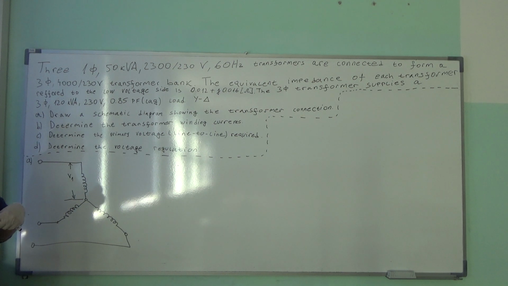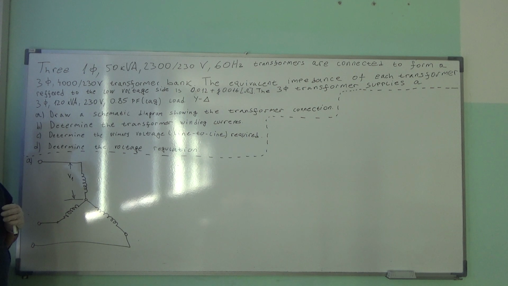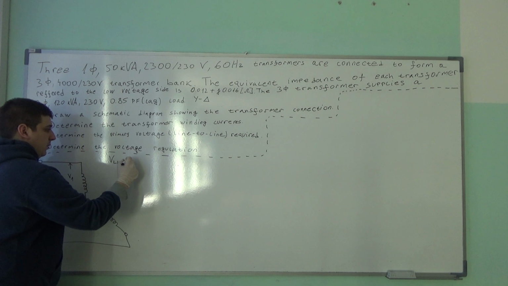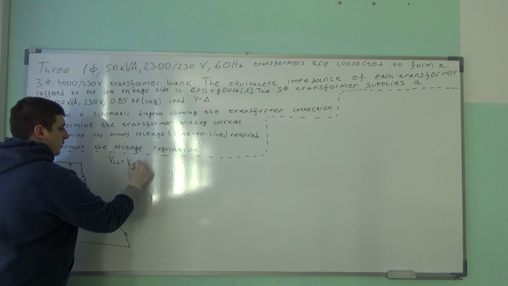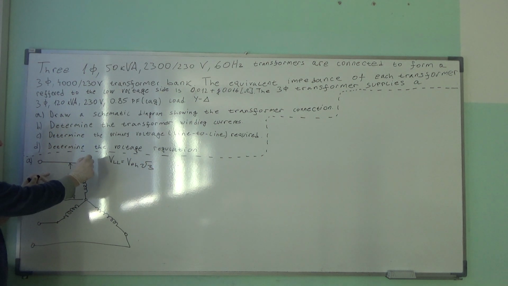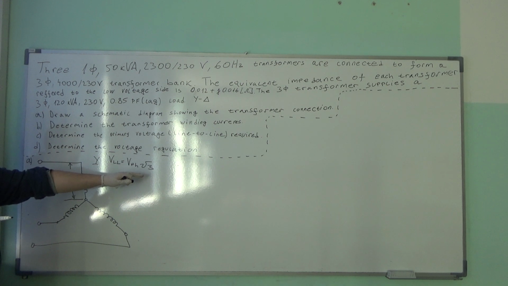This is not the line voltage, but the line voltage is 4,000 volts. In a Y connection, the line voltage is the phase voltage times the square root of 3.